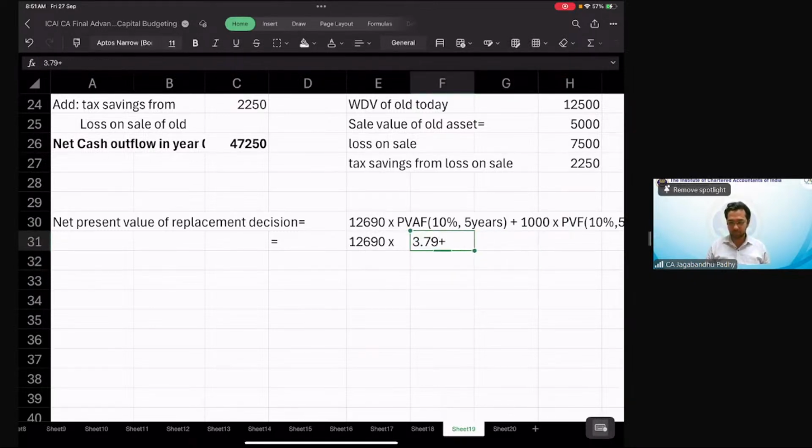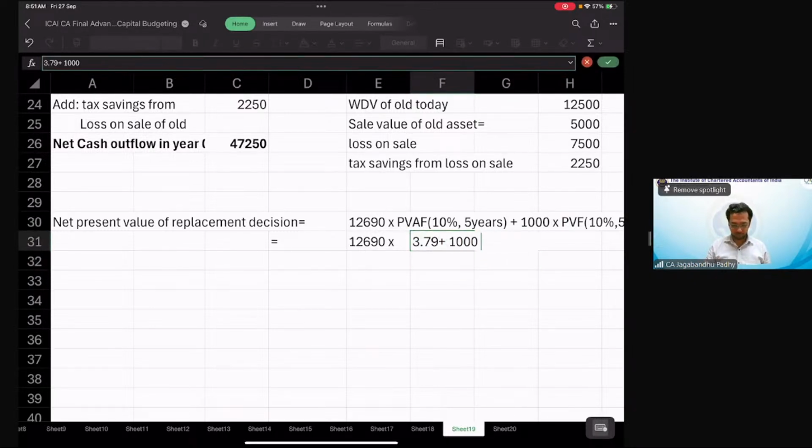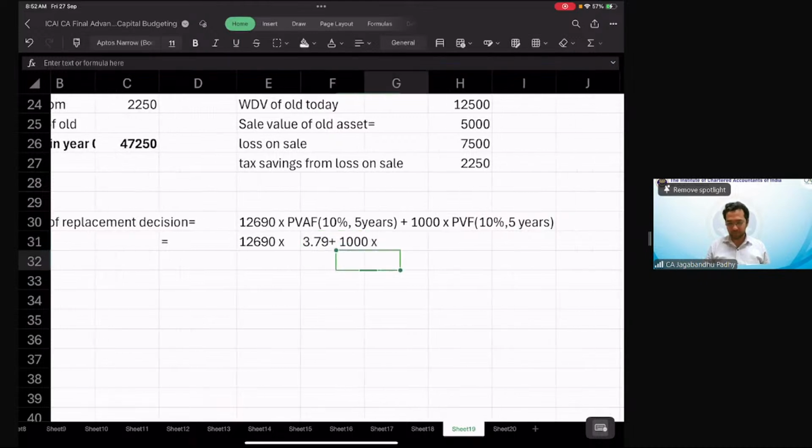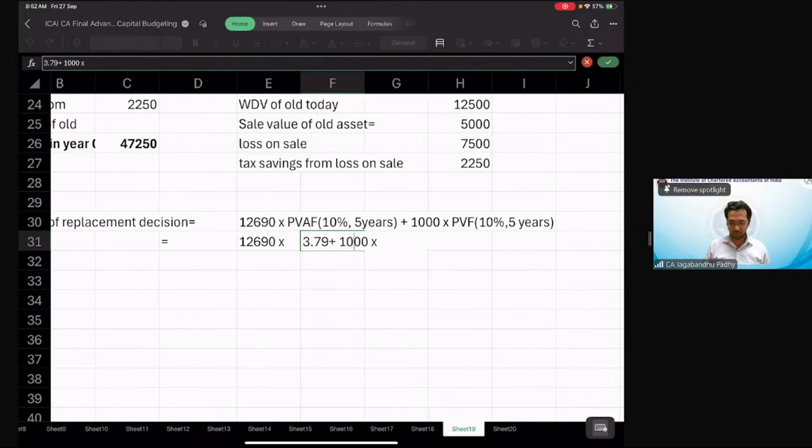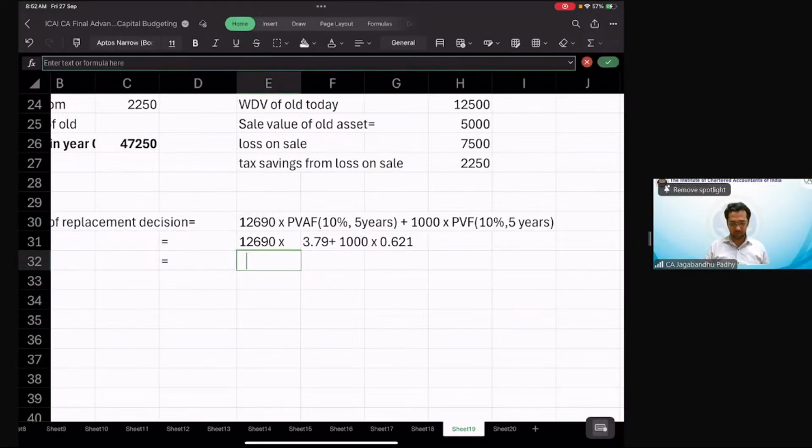Add to it 1,000 multiplied by, what's the present value factor at 10% for 5 years? 0.621. Okay, so we then simply say that it's 12,690 into 3.79 plus 1,000 into 0.621.